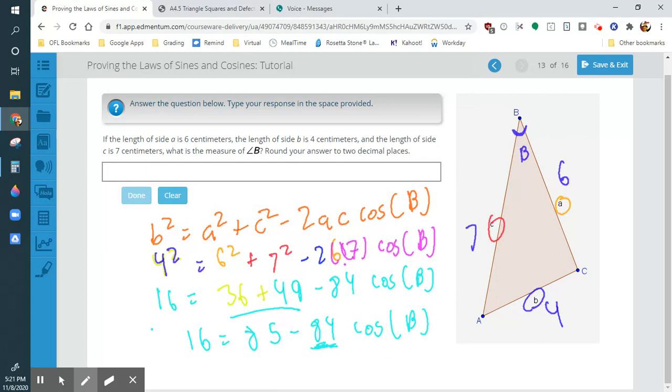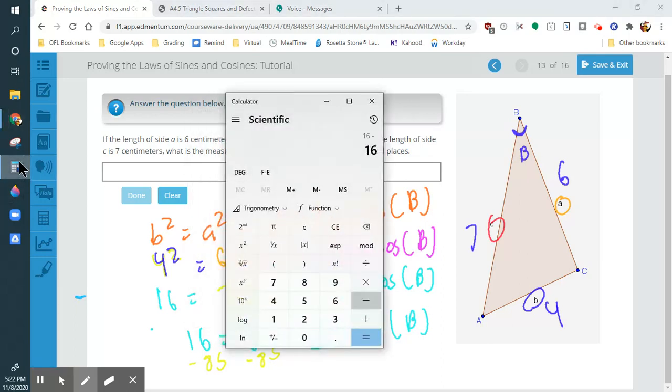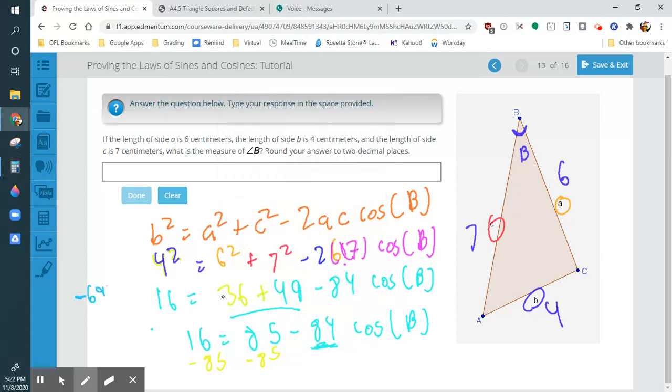Okay, so now in order to do this, I have to subtract 85 from both sides. So I end up getting this negative something. 16 minus 85, I end up getting negative 69. Negative 69 equals negative 84 cosine of b.